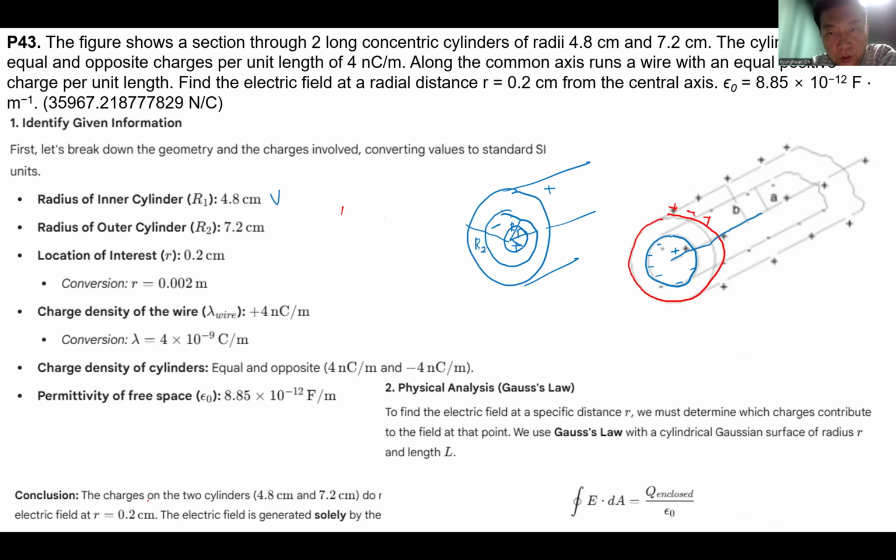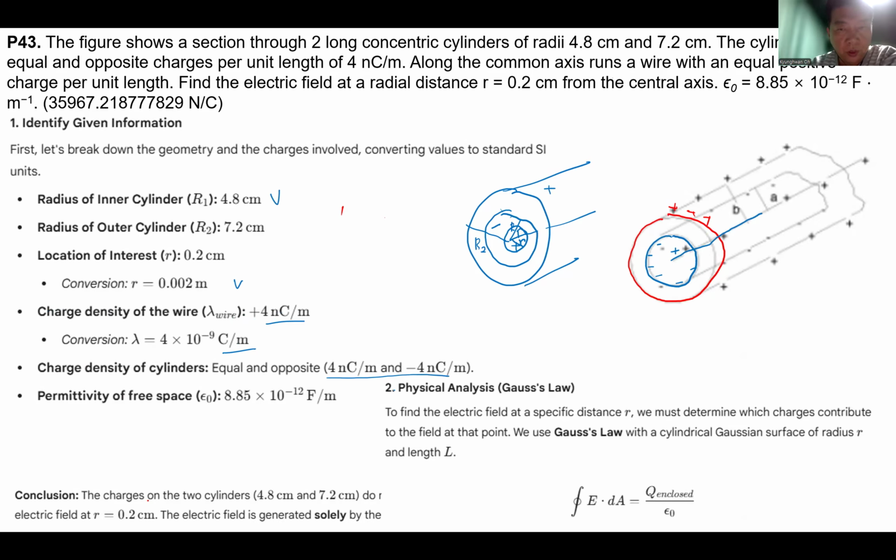This is the R. The charge density of the wire is given by this one, and the charge density of the cylinders is equal and opposite, like this.